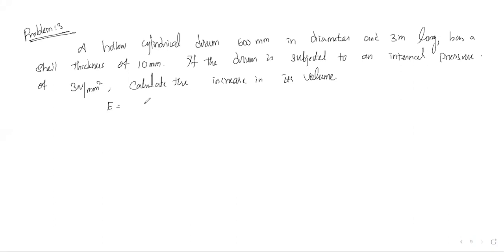Take E is equal to 2 into 10 to the power 5 Newton per mm square, and the Poisson's ratio mu is equal to 0.3 for the material.